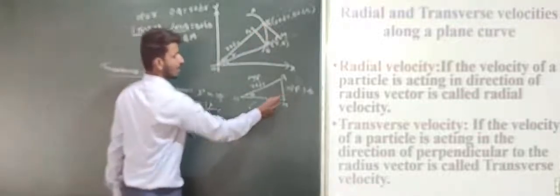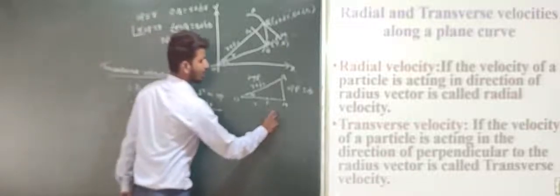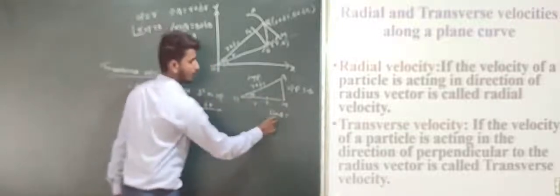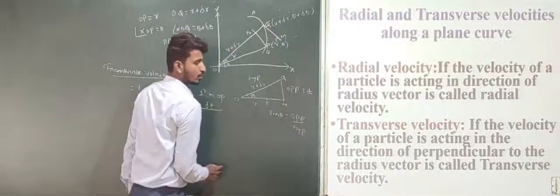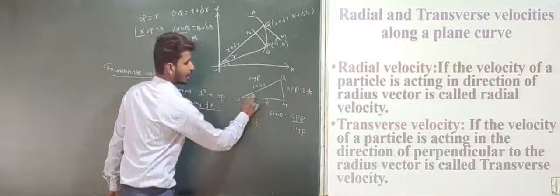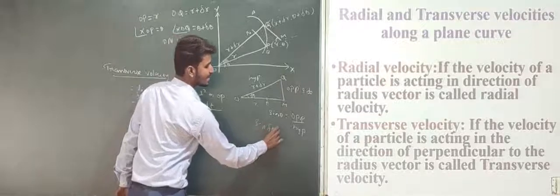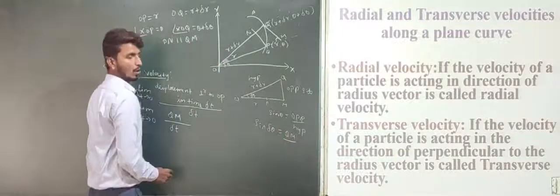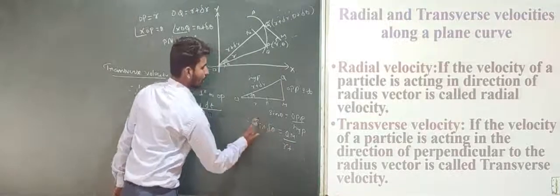For Qm we use the trigonometric formula sin theta equal to opposite side divided by hypotenuse. Here this angle is delta theta, so sin delta theta equals Qm divided by the hypotenuse OQ.